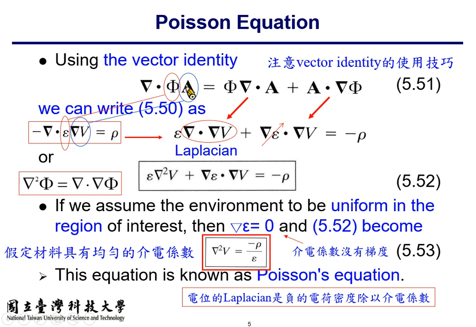On the other hand, if there is no charge at that point, then the Laplacian of the voltage at that point is 0. Be careful about this. I'm not saying that if there is a voltage, if there is an electrical charge, then you must have.